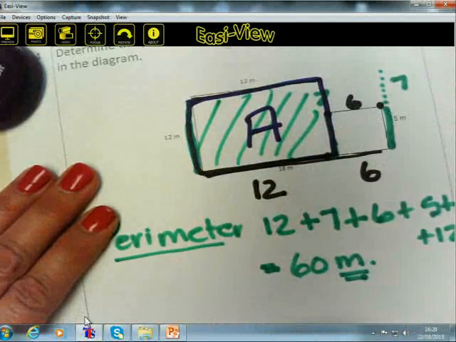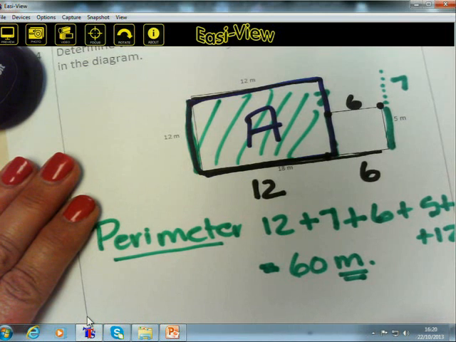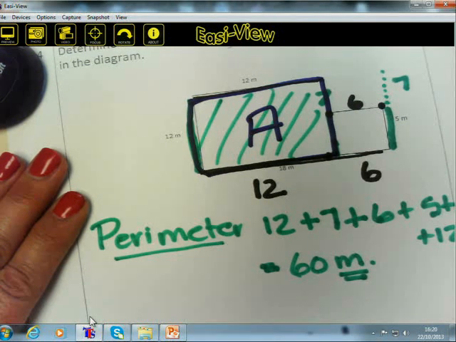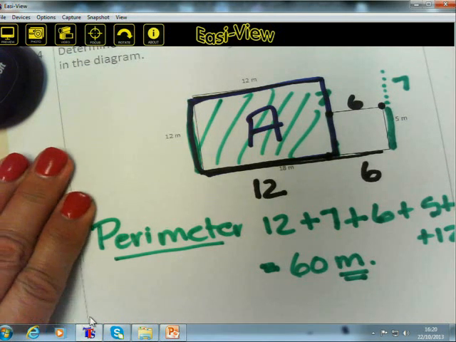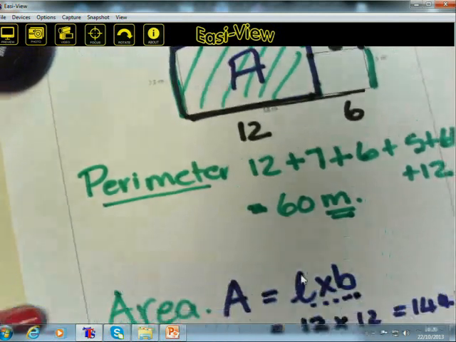This is a rectangle. It's L times B, the formula for the area of a rectangle. And that is 12 times 12. And it gives me 144 meters square.